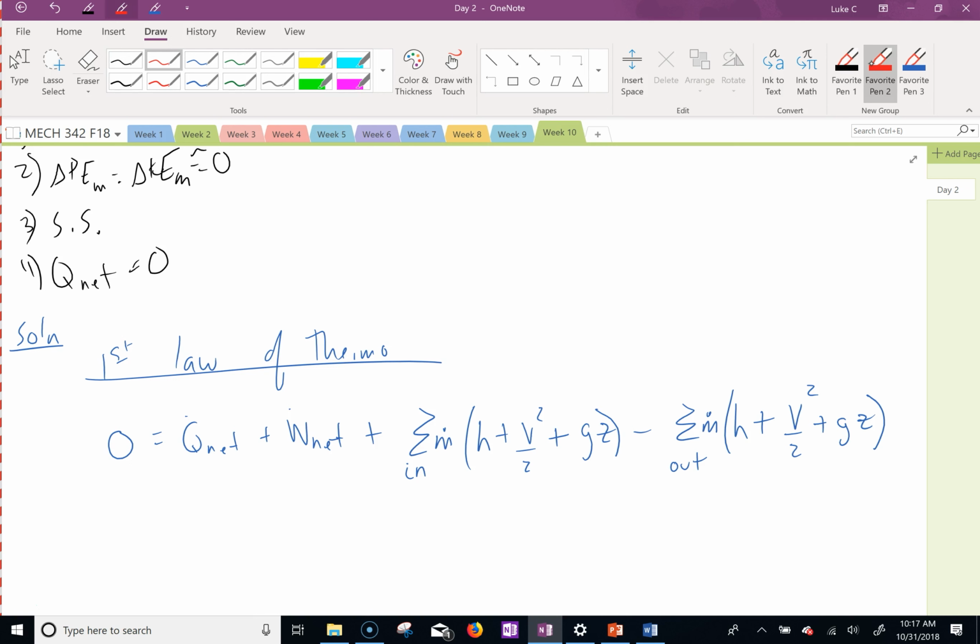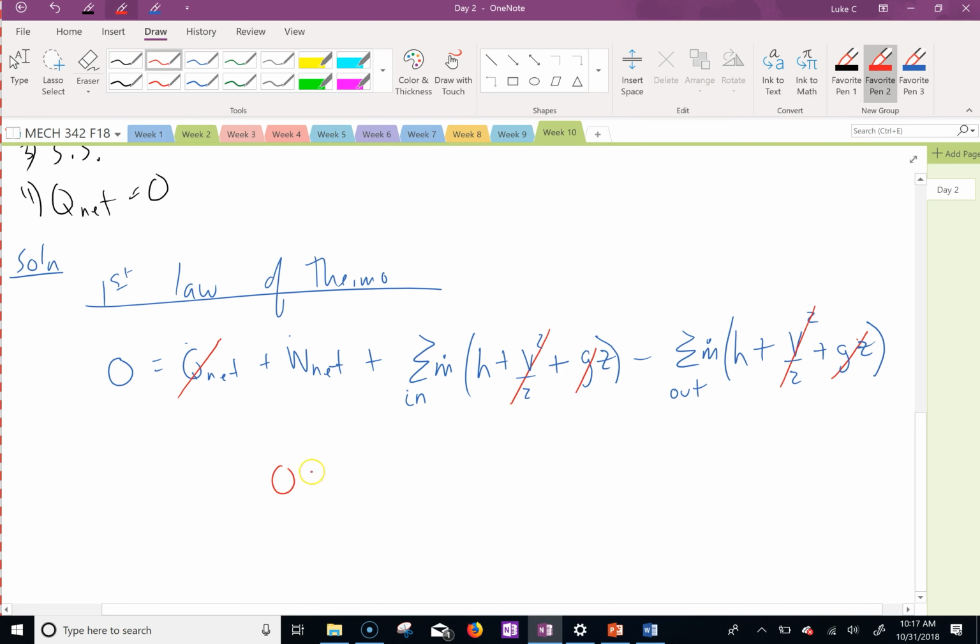There's a few things we could cancel. That goes away. Those terms go away. We end up with 0 equals W dot in plus m dot 1 times h1 minus m dot 2 h2.